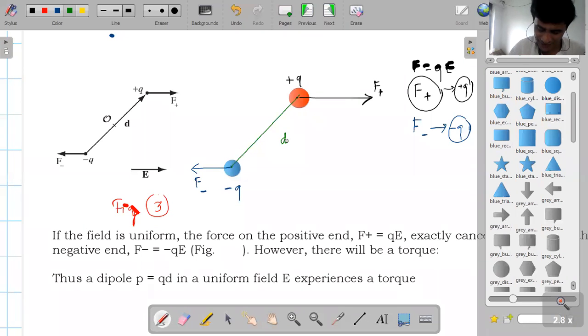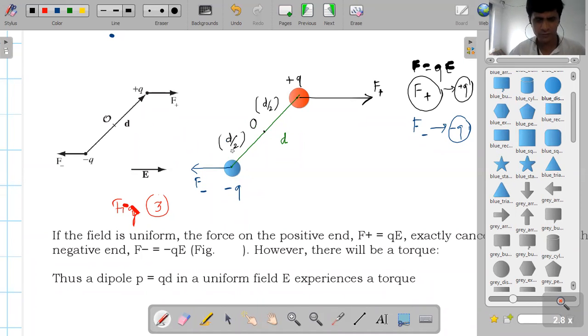That is D. Then I'll take the center between plus q and minus q as O. Therefore, dear student, can I write the distance between O and plus q is d by 2? Similarly, O and minus q is d by 2. Is it correct? Yes, sir. So I will write here, this is d by 2 and this is d by 2. Understood?